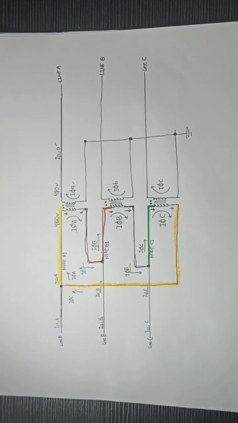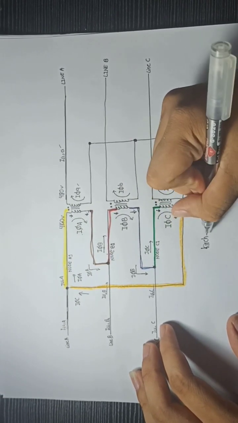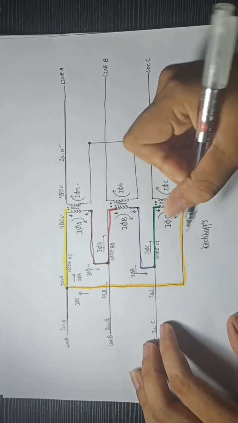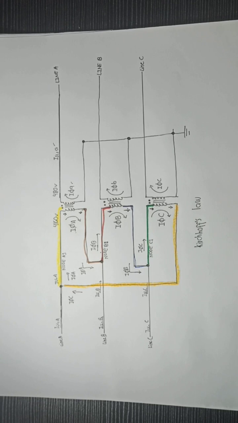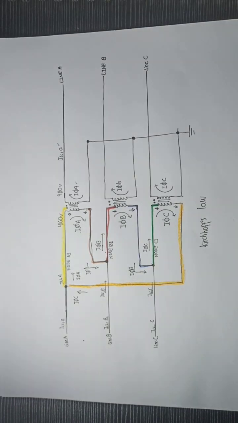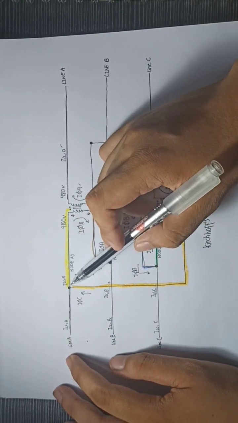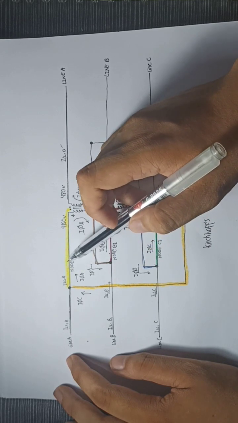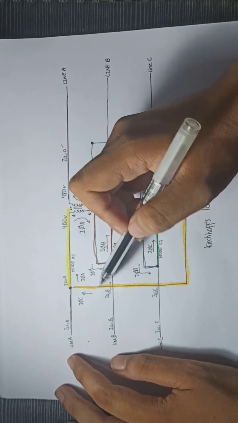So we are now going to use Kirchhoff's law on each node to describe the relationship between line current and phase current. Let's start from node A1. We can verify that line current A flows into node A1, and the phase current C also flows into node A1.